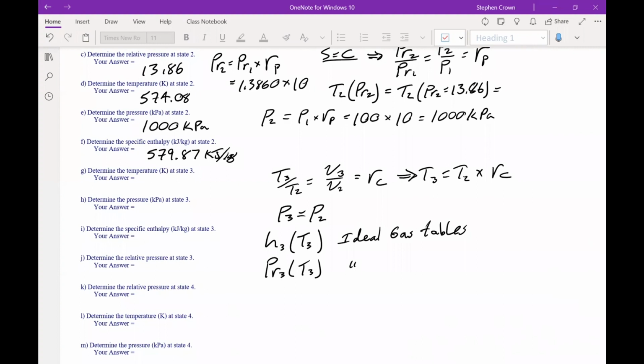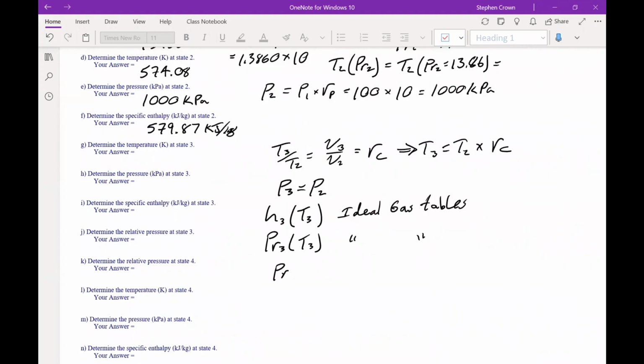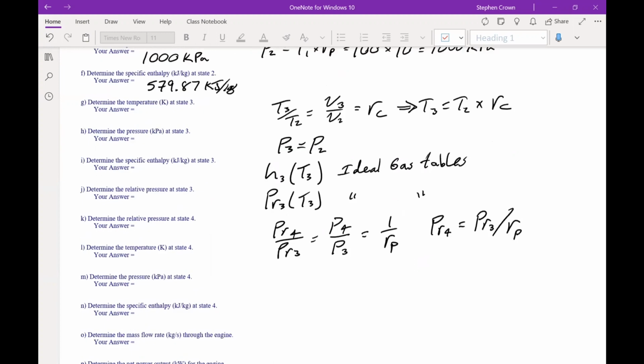And then at state 4, we have Pr4 over Pr3 equals P4 over P3, which is equal to 1 over rp. And therefore, Pr4 equals Pr3 divided by rp. And then to find the temperature, now I have Pr4, so I can find T4 as a function of Pr4 from the ideal gas tables.